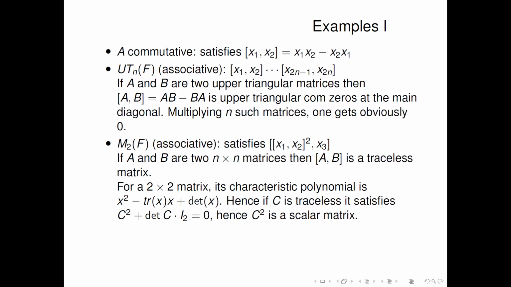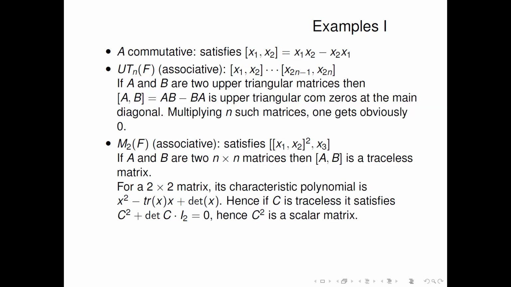It's an easy exercise. Then take 2 by 2 matrices over F as an associative algebra. It satisfies this identity, that is, the commutator squared commutes with everybody. Why? Take 2 by 2 matrices, then their commutator is a traceless matrix. It is also an easy exercise in matrix calculus, in fact.